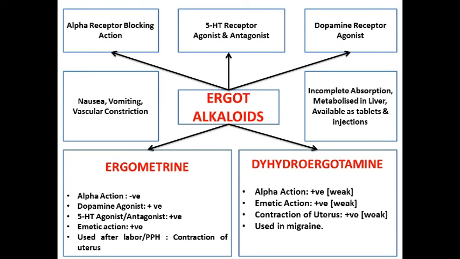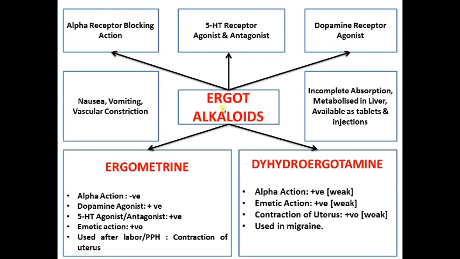When you talk of ergotamines, the first action is alpha receptor blocking action. The second, of course, is on 5-HT receptors. A few of them are agonists, some are antagonists, and few are partial agonists or partial antagonists to serotonin receptors, and they are also dopamine receptor agonist drugs.